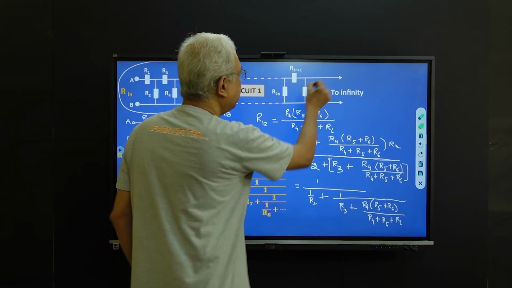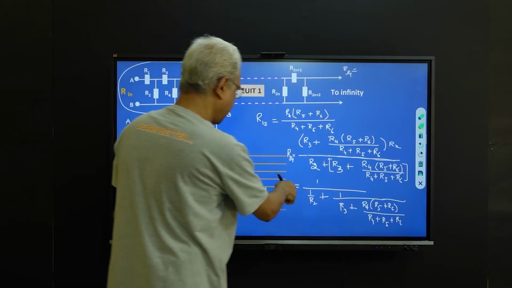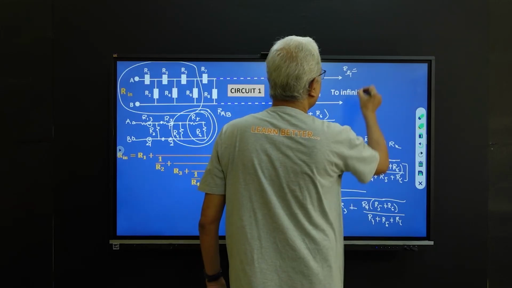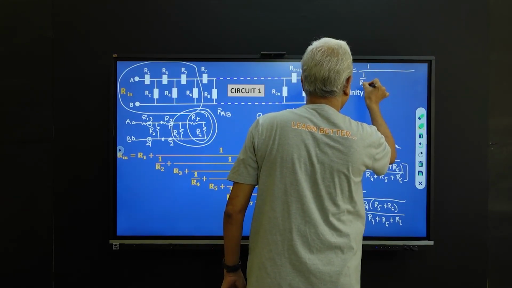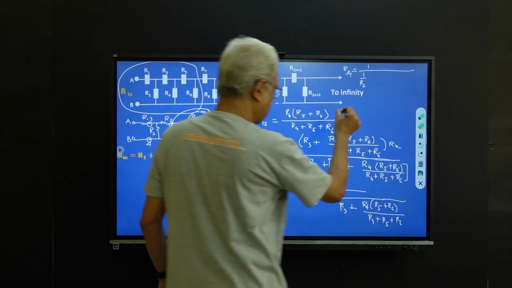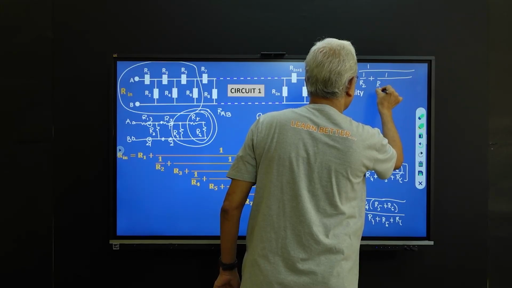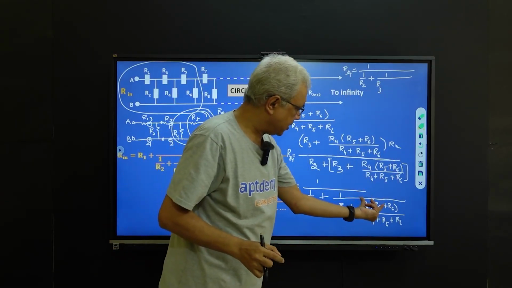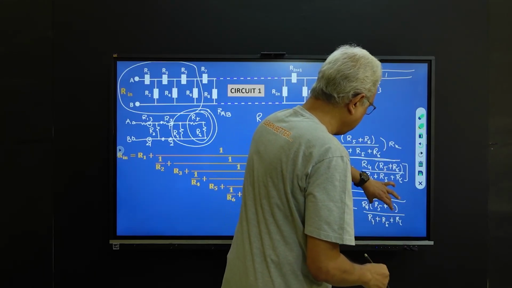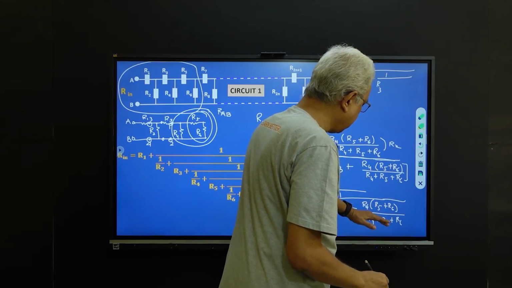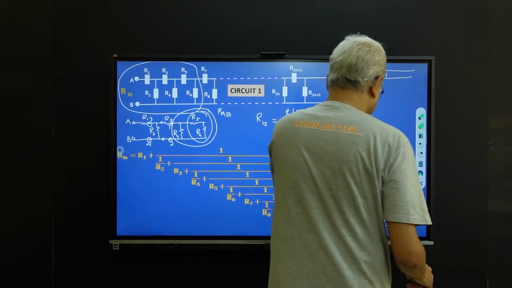So R34 I can write is 1 by R2 plus 1 by R3, and if you divide the denominator by the numerator, both sides. If I divide both sides, numerator and denominator, by R4 into R5 plus R6, then what do I get?